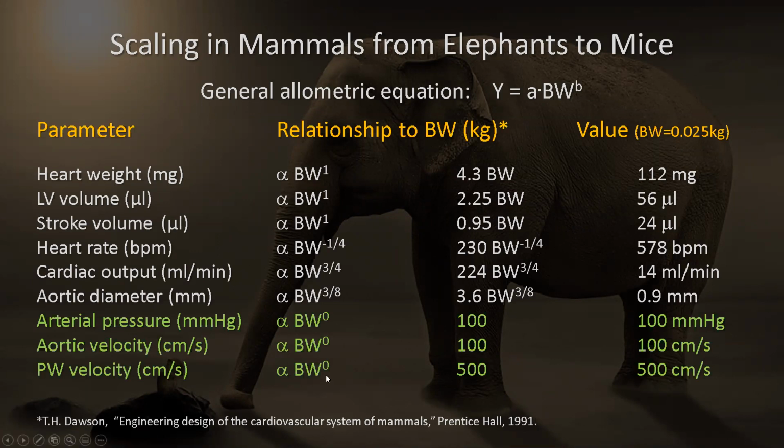Looking at these three parameters, you see that velocity, pressure, and pulse wave velocity are independent of body weight. And this becomes useful in comparing data across species and makes it easy to interpret translational studies.